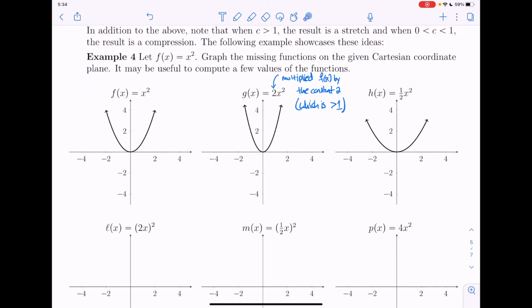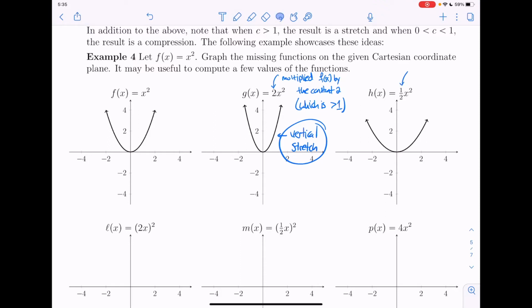So what you see is that if I took this smiley face and I were to stretch it all the way up vertically, it would look a little bit like this stretched smiley face. So this is inducing a vertical stretch. And equivalently, if I were to instead take my smiley face and multiply by a constant that's less than 1.